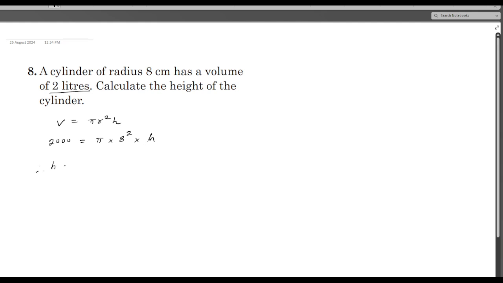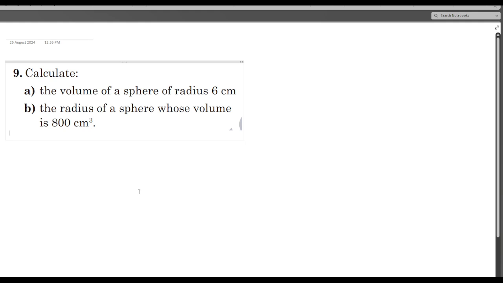This gives height h as 2000 divided by 8 times 8, which is 64, times pi, which is 9.95 centimeter. So your answer is 9.95 centimeter.